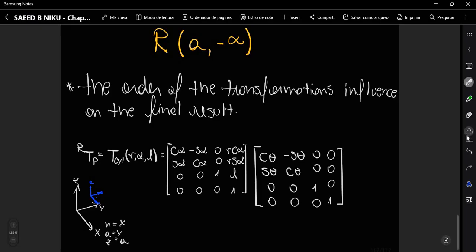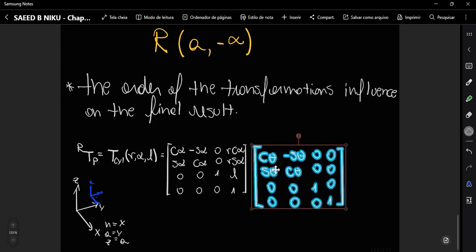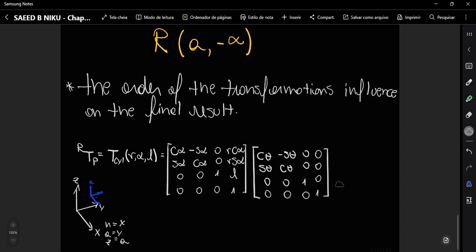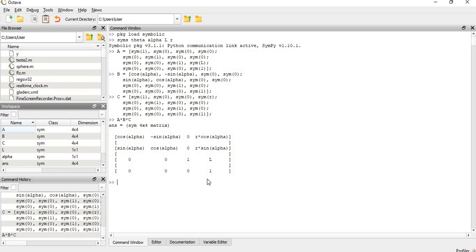Okay, and now what we will do is reuse the result that we got in the last video. We are still on this screen, and just now multiply by the result of this matrix.